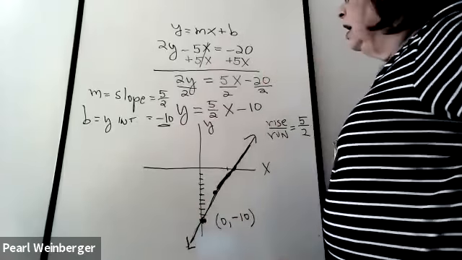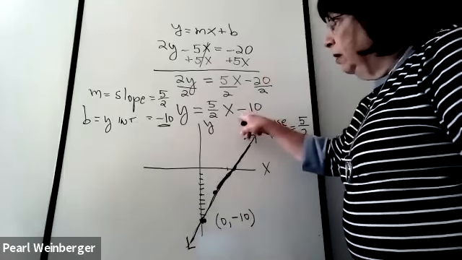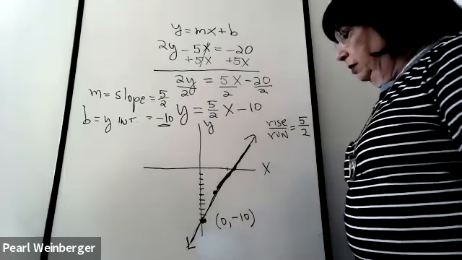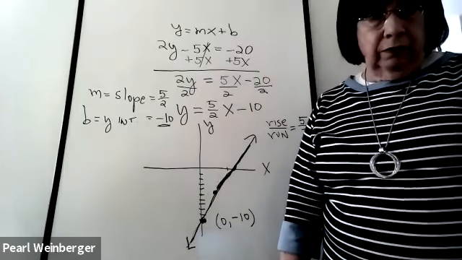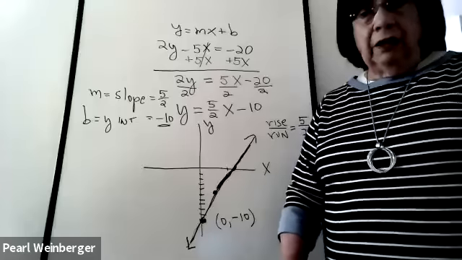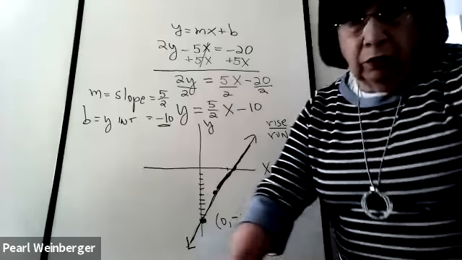And here's the line that we graphed from the slope intercept. And basically that's where we had left off on Thursday. Now, does anybody want to ask me a question before I go on?